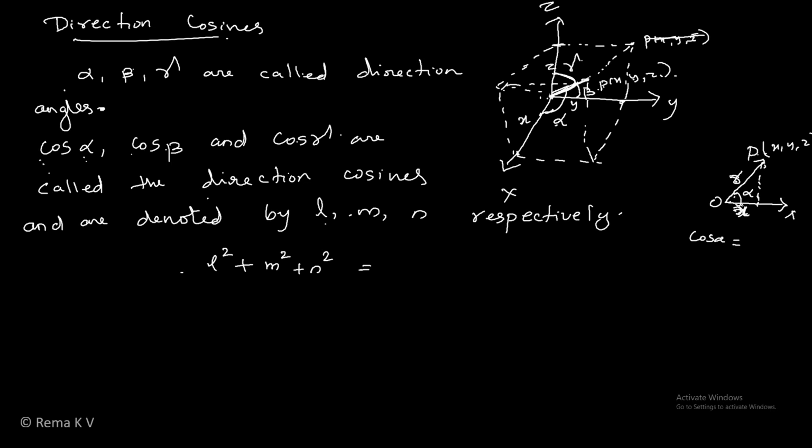Cos alpha is equal to adjacent side by hypotenuse. So here it is x by R, and cos alpha is denoted by L. L is equal to x by R.